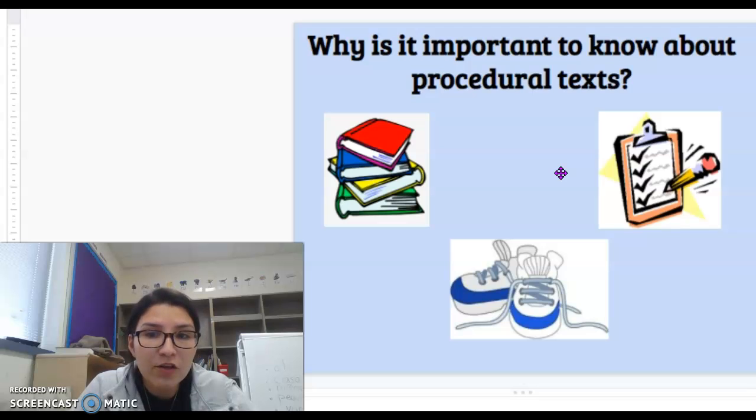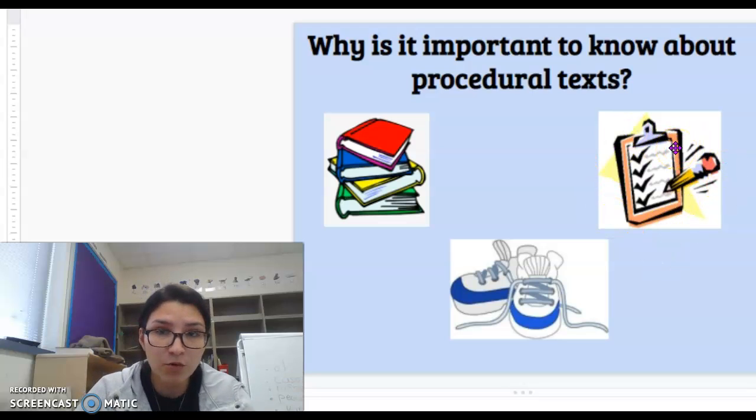For example, you may see them in the books you read, directions or instructions for an assignment, or how to do something like tie your shoes, right? So procedural text is in our everyday life. It comes in when you're doing your assignments for school on Google Classroom, sometimes the books you read or see, and then when you do everyday things like tying your shoes, you have to follow steps to do it correctly.